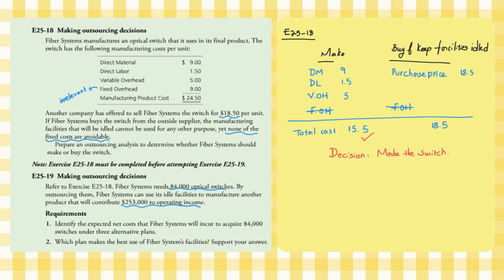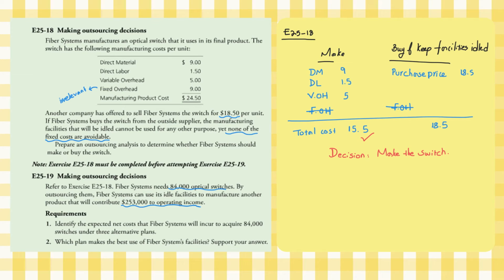So this is a profit. If I outsource, I can use the facilities to make another product, and this product will generate profits of 253,000. Now, identify the expected net cost that Fiber Systems will incur to acquire 84,000 under 3 alternative plans. So now we have 3 alternative plans.